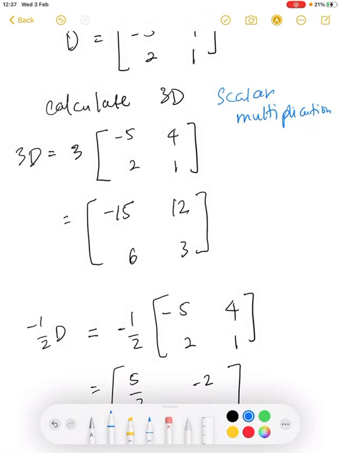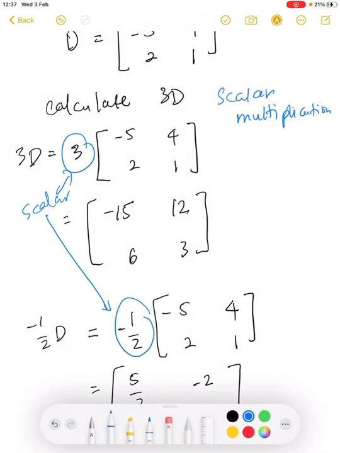Scalar is the real number that is multiplied with a matrix. So a real number, when you multiply with a matrix, we call that real number a scalar. Okay, so this thing here is scalar. Why? Because it's going to be multiplied with a matrix.